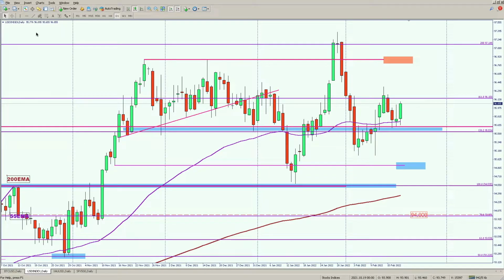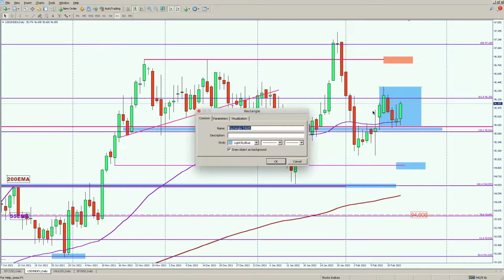So it has remained in a tight range as well as the other major pairs. So still stuck within this rectangle.